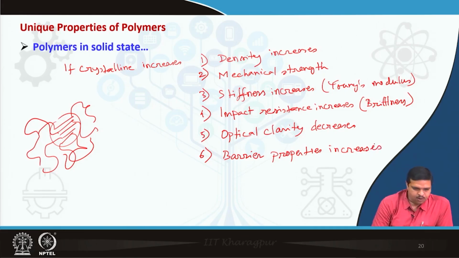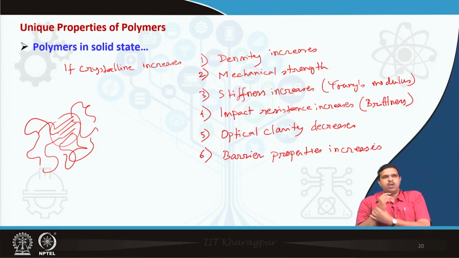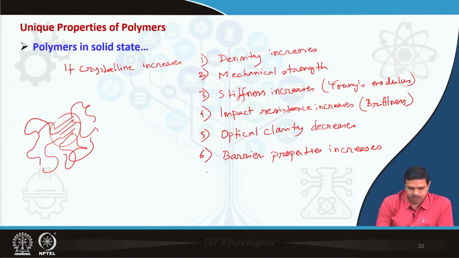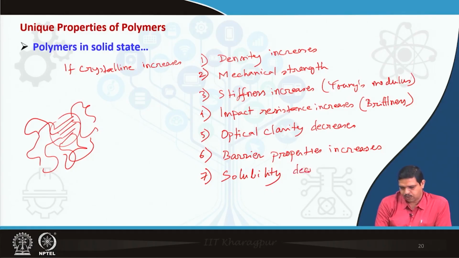Then this is the elastomer. Elastomer polymers are rubbery materials, that means soft at room temperature, and you can stretch them. And the third category is the thermoset polymer, that is the rigid one, very hard polymeric materials.